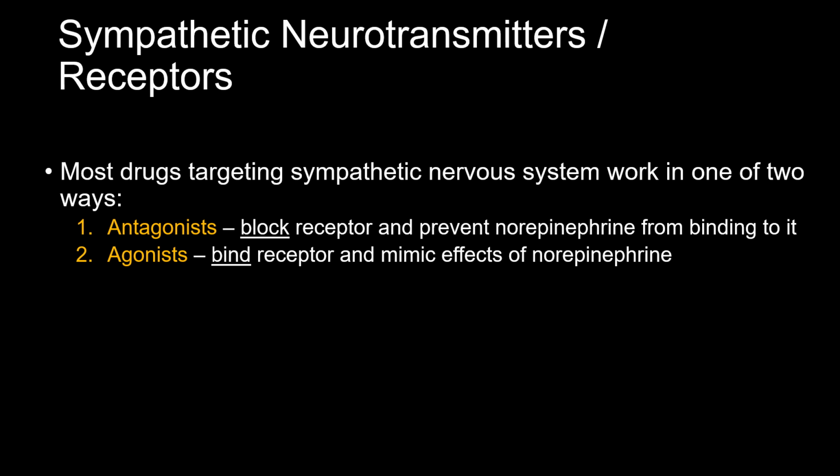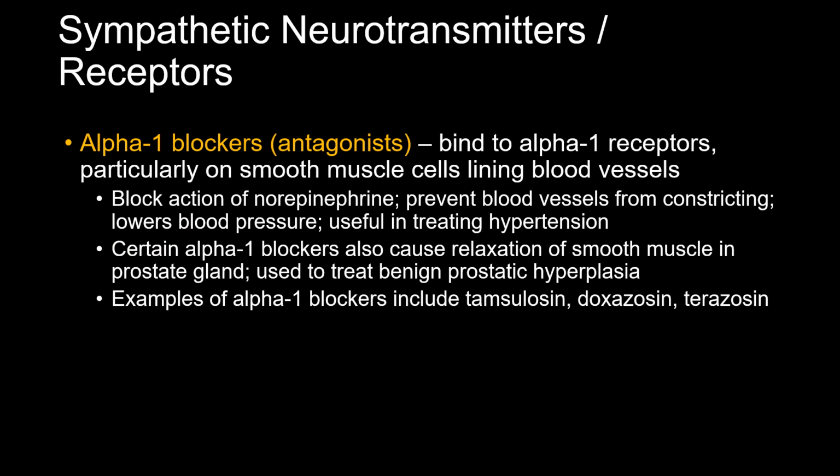And so there are several common types of drugs that bind to these sympathetic receptors, and they are alpha-1 blockers. These are going to be antagonists binding to alpha-1 receptors of smooth muscle cells in the blood vessels. Now, they block norepinephrine, preventing the blood vessels from constricting.